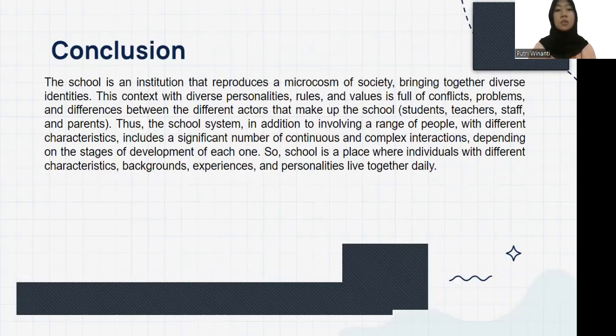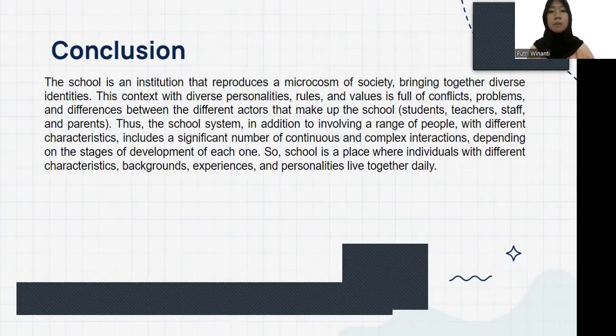The school is an institution that reproduces a microcosm of society, bringing together diverse identities. This context with diverse personalities, roles, and values is full of conflicts, problems, and differences between the different actors that make up the school: students, teachers, staff, and parents.